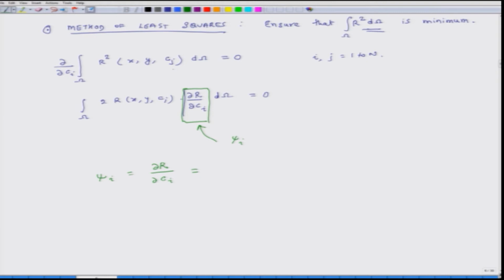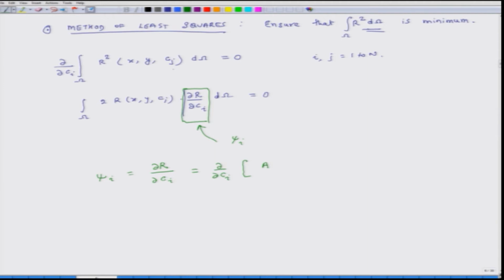I can write this as del over del Ci of the residue, and the residue was some operator, which depends on the nature of the differential equation. So some operator A, which was a function of x, y and u.